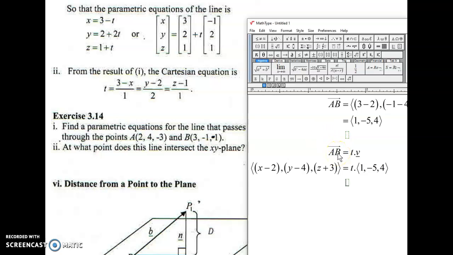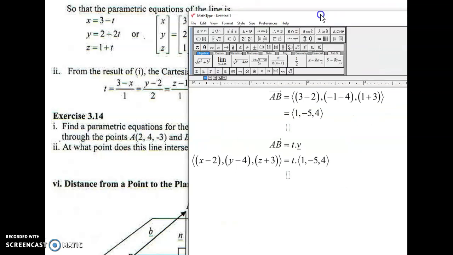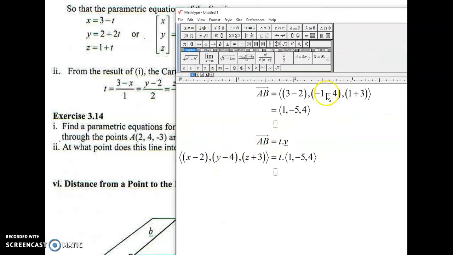So it is x minus 2. We know that x is 3, but for the sake of creating the equation, we just assume that we have one piece of information, which is A. So instead of 3 minus 2, we just put x minus 2, and instead of negative 1 minus 4, we input y minus 4, and instead of 1 plus 3, we put z plus 3, just to input a variable.